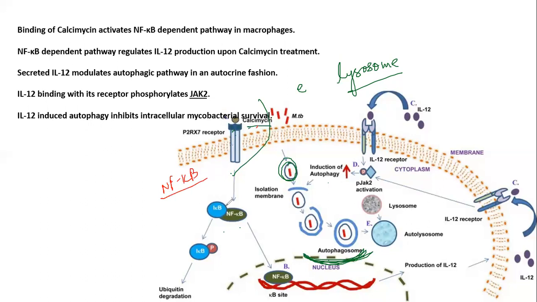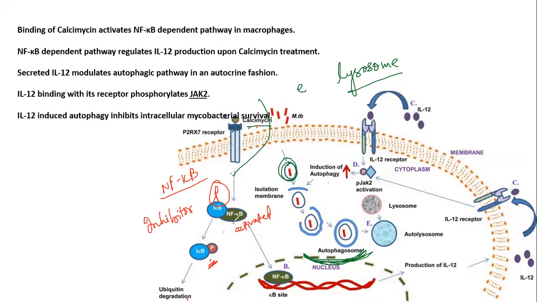Now, in the cytoplasm, when there is no signaling, NF-kappa B is bound to I-kappa B, the inhibitor kappa B. Now what happens? When this is activated, certain kinases go and phosphorylate them. Upon phosphorylation, I-kappa B loses its affinity for NF-kappa B. I-kappa B goes for degradation. Now you have NF-kappa B activated.